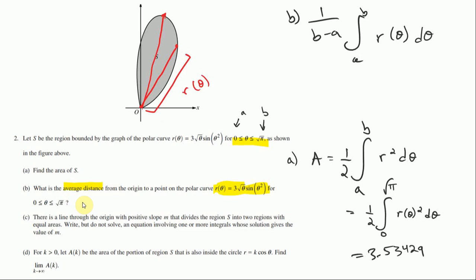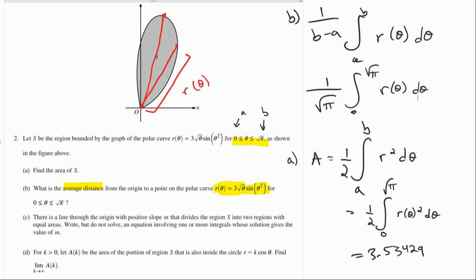And here it is coming in handy. It's going to be 1 over rad pi, because it's rad pi minus 0, integral from 0 to rad pi of this r of theta function right here. And if we plug that into our trusty n-spire, let's see what we get.